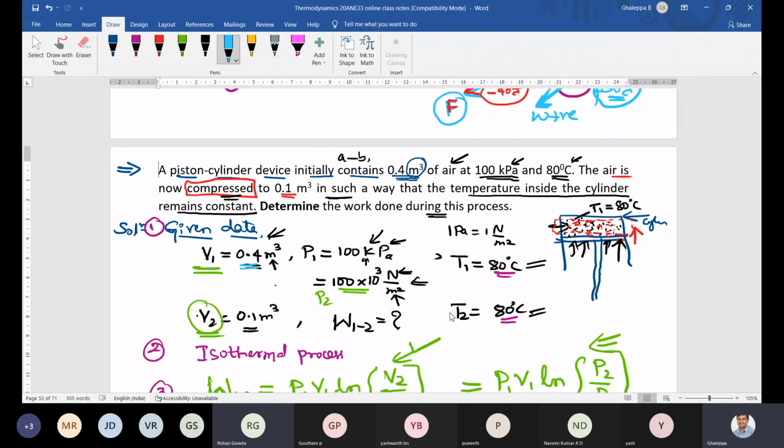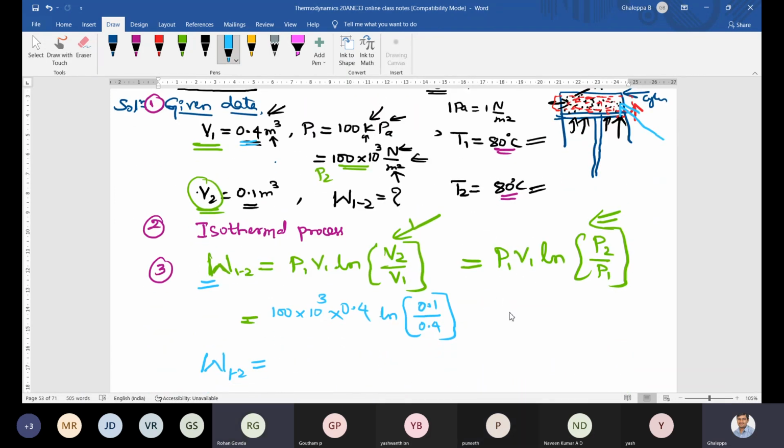In compression you have to supply work to the air. Work is done on the system. Work done on the system should be a negative value. If anybody has a calculator, simplify this equation. Minus 55,451 kilojoule. This is the value, so you have to get minus.